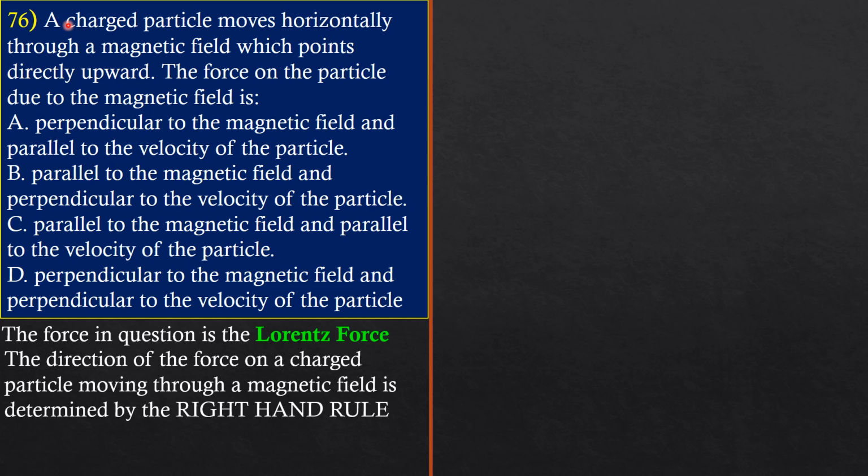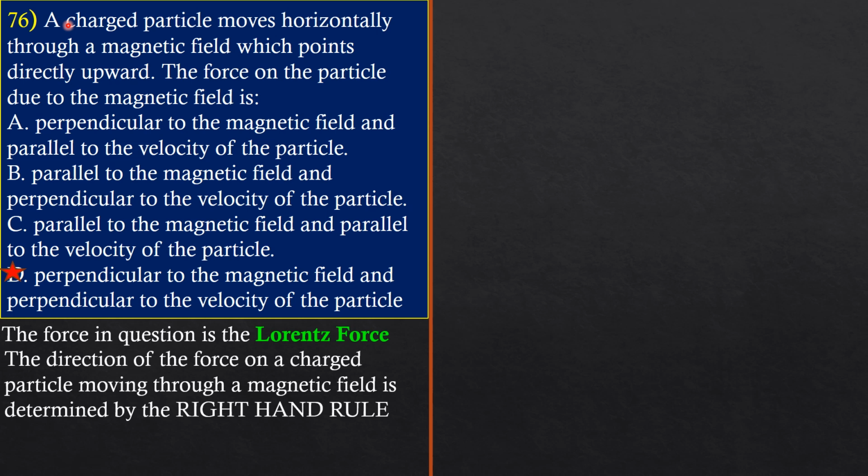If you do that well, you will see that the direction of the force is going to be perpendicular to both the magnetic field and the velocity of the particle. So option D, guys, has to be the best option, and it is a feature of the Lorentz force. It is always perpendicular to both the magnetic field direction and the velocity of that particle.